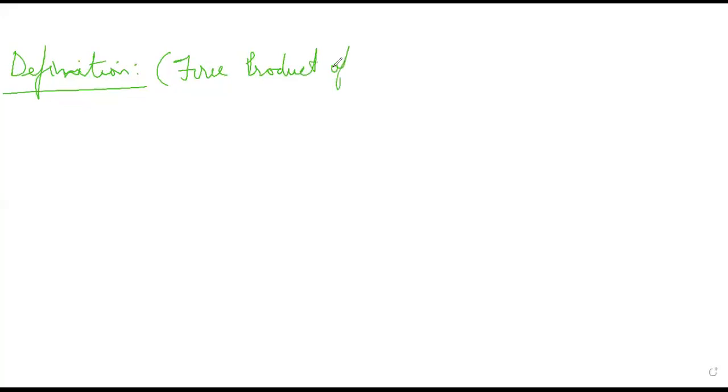Next, we have the following definition for the free product of groups.